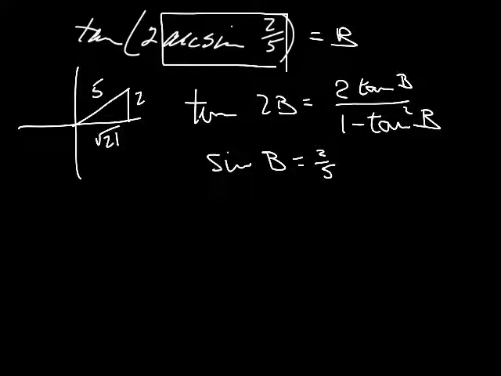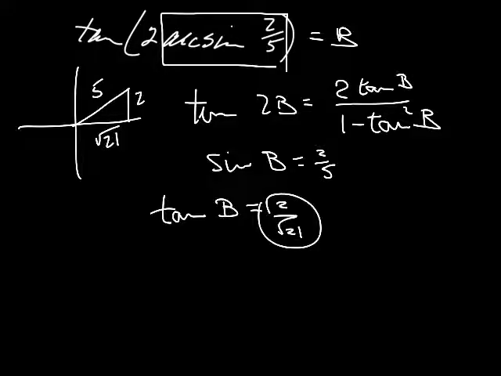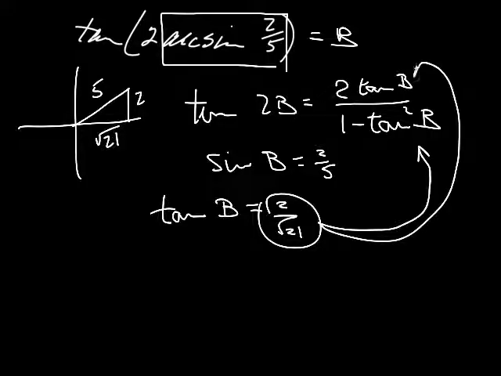Okay, we are in quadrant 1, and we found all 3 of our sides, and we know that the tangent of B is going to be opposite 2 over adjacent. So now, whenever we see the tangent of B, we're going to put 2 over the square root of 21 in its place.